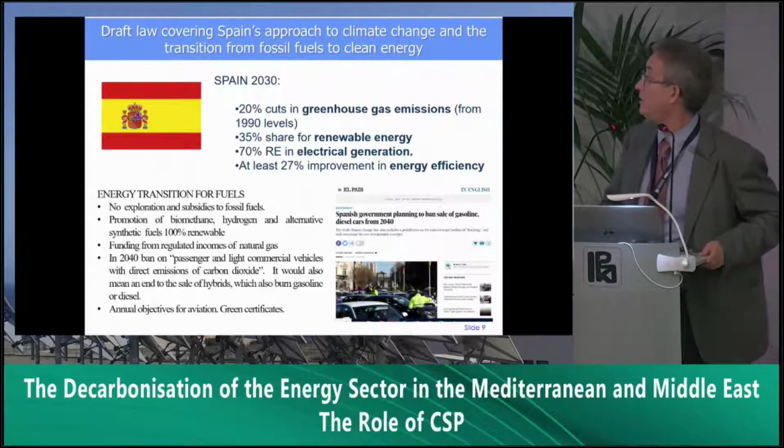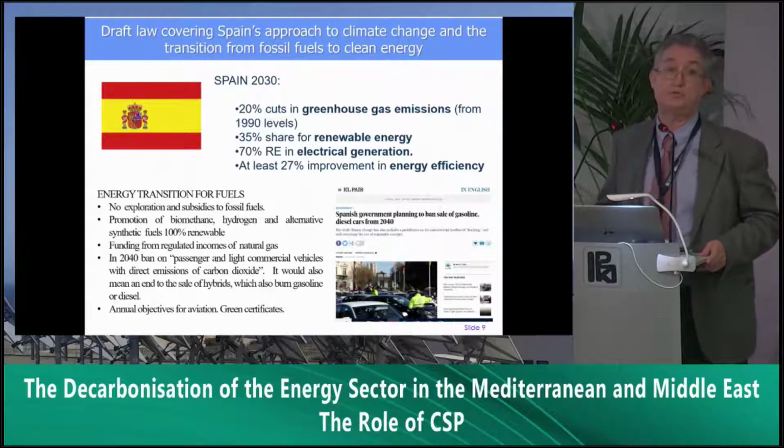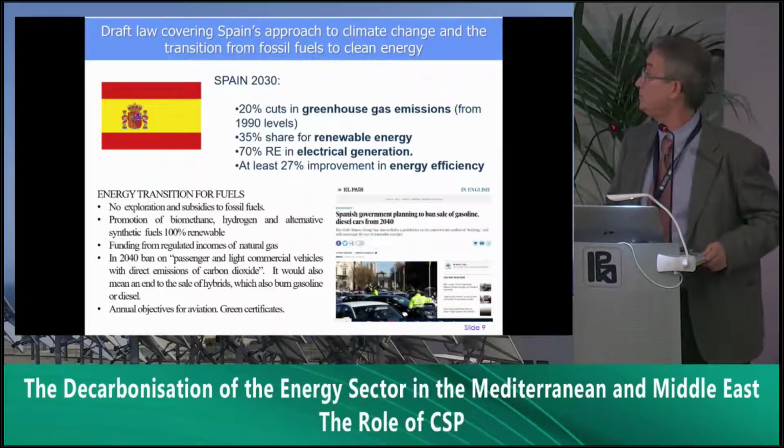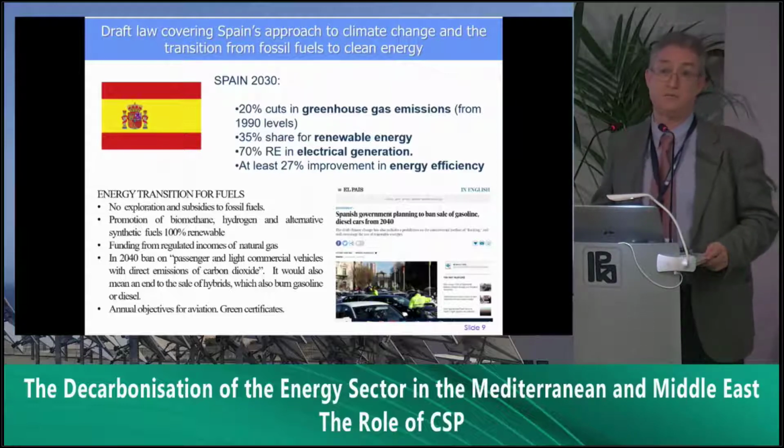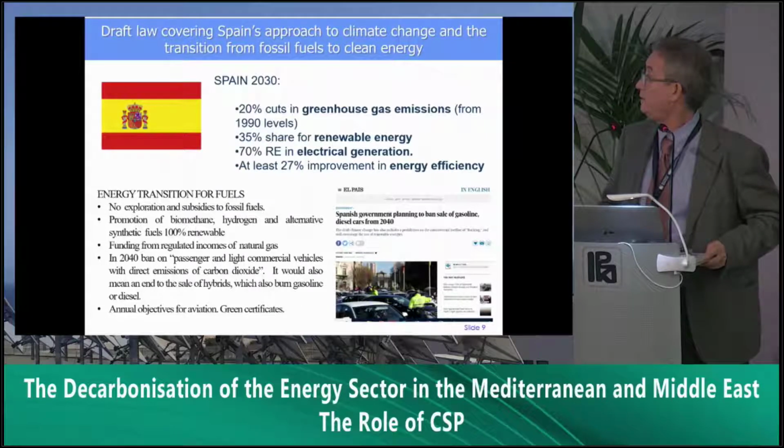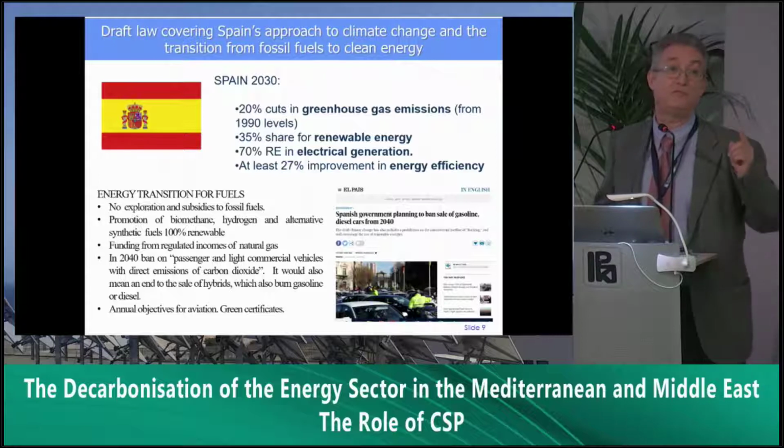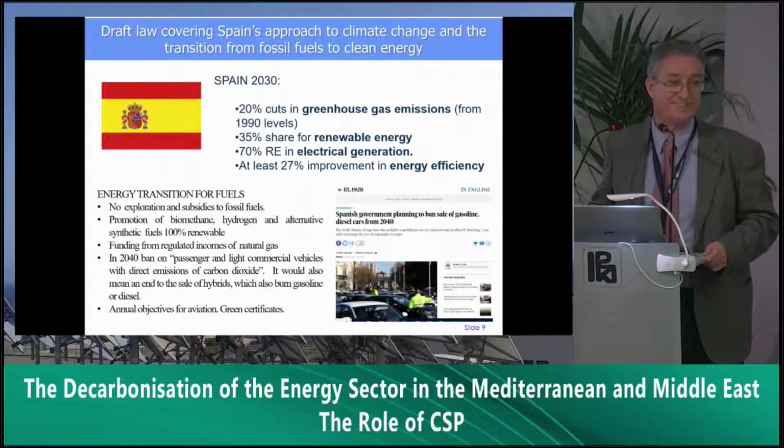In particular, they explain that there should be a specific promotion in all this period, from now till 2030, promoting biomethane, hydrogen, and alternative synthetic fuels that are 100% renewable. That is explicitly in the new draft law to be discussed and approved by the Parliament. And there are also important things, like that this should be funded by the current natural gas sector. That's another important sentence.